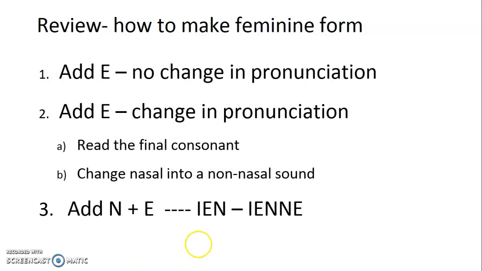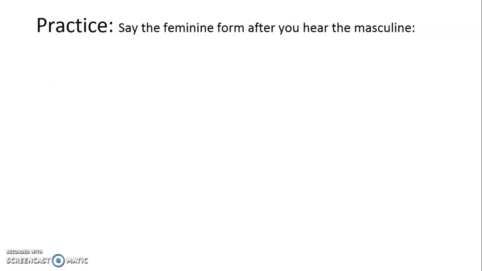When the combination of letters at the end of the masculine form is IEN, then you add an NE, and again the nasal changes into a non-nasal sound. And finally, there is a situation where there is no change in forms. Now, these are some of the basic rules. There are many more rules to making feminine forms, but for the time being, we're going to rely on these.